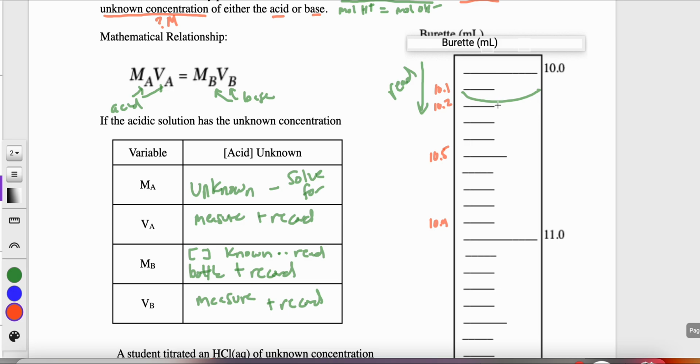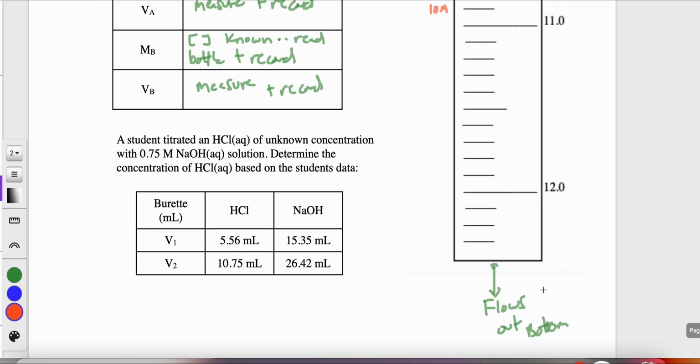So I read it at the bottom of this meniscus. So my starting volume, volume 1, is 10.1, but it hasn't quite reached the 0.2 line, so I would estimate a 9 where it's almost there. So my initial volume is 10.19 milliliters.